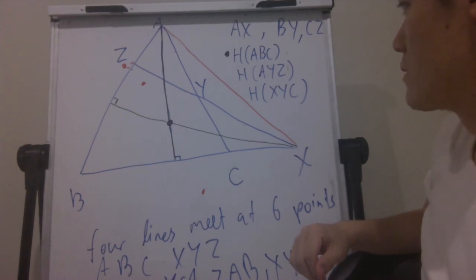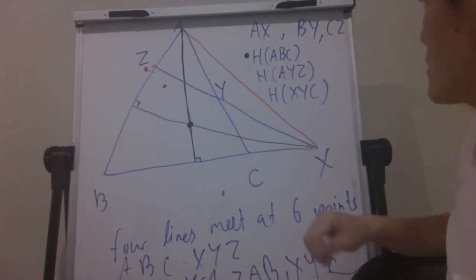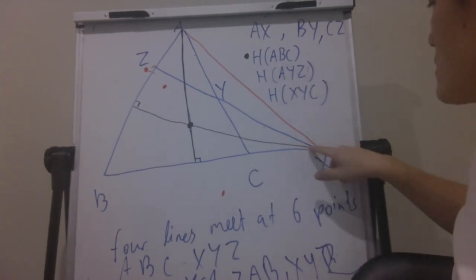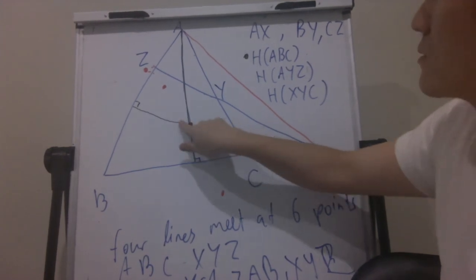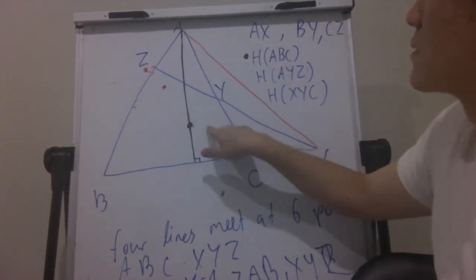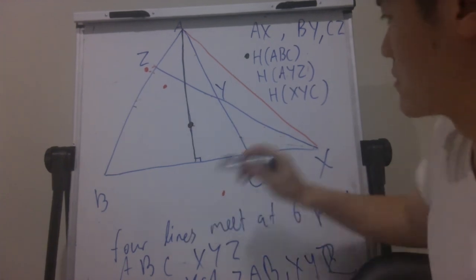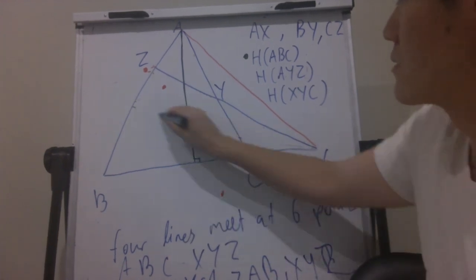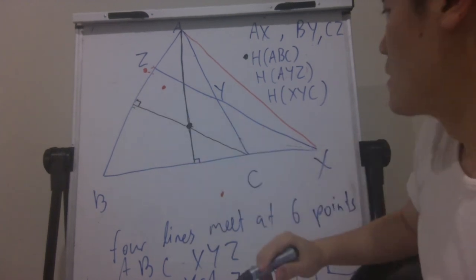Yeah, you're right. Did I never join in the ABC orthocenter? I think that was the one you just drew, and then you accidentally drew from X. So this is ABC, so that's this one, right? Yeah, that's good. That's in C.